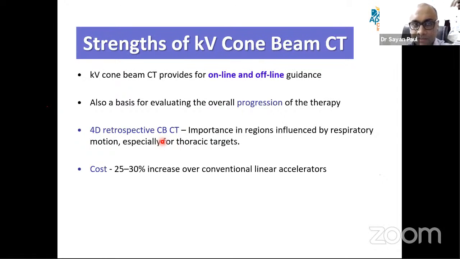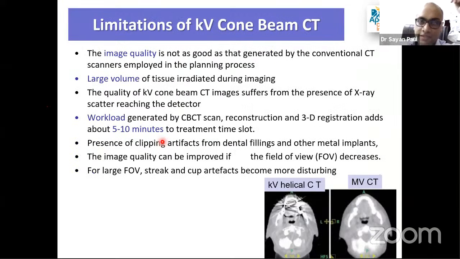Like you planned an ITV, and you can actually check with the 4D CBCT whether the tumor during the movement is inside your PTV or going outside, PTV or ITV, whatever you say. And obviously the cost is 20 to 25 to 30% more than a conventional CT.